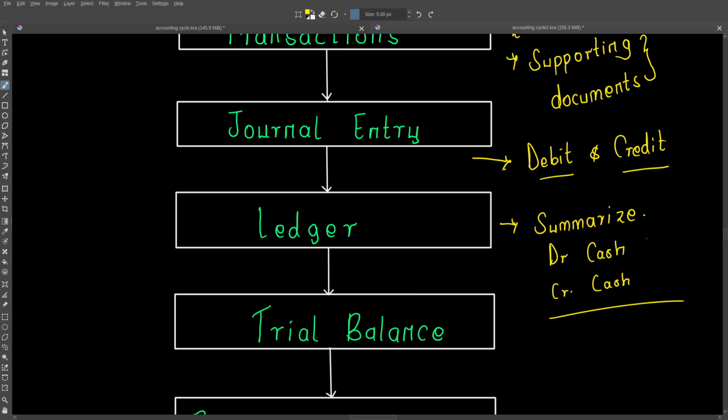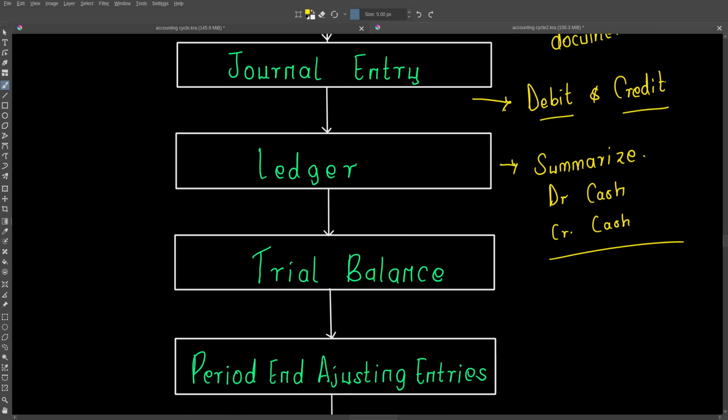Okay, so the ledger basically does the summary, and we can filter per account the transactions per account in the ledger. So what does the trial balance do? The trial balance shows us the balances of each account as at a given point in time.